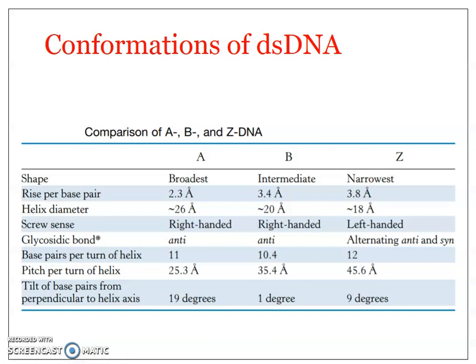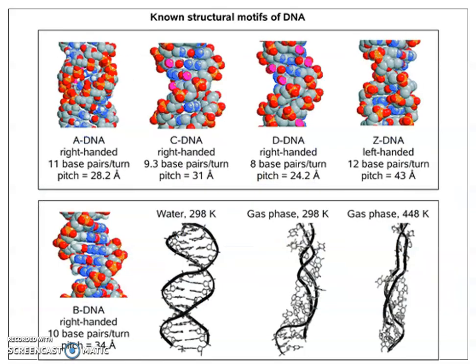Apart from these parameters, you can see the major groove of A DNA, this is the A DNA, is deep but narrow. So the base sequences or the information content of the major groove remain inaccessible for proteins.